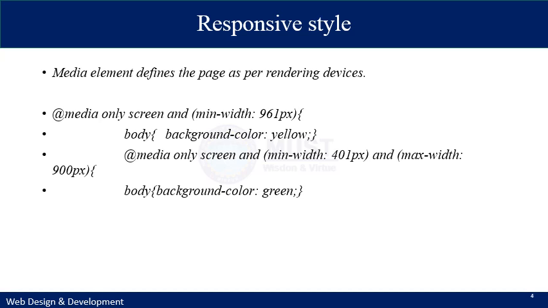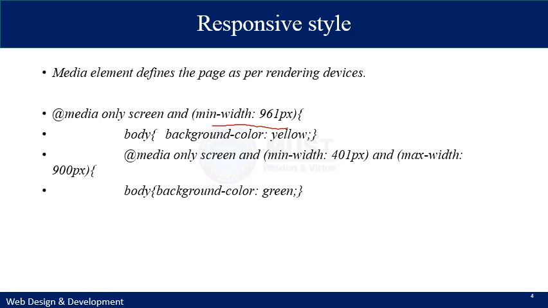For example, the media query example presented here is suitable for two types of devices. The first media query states that it renders the image of your body background in yellow when the minimum width of your requesting device is 961 pixels.